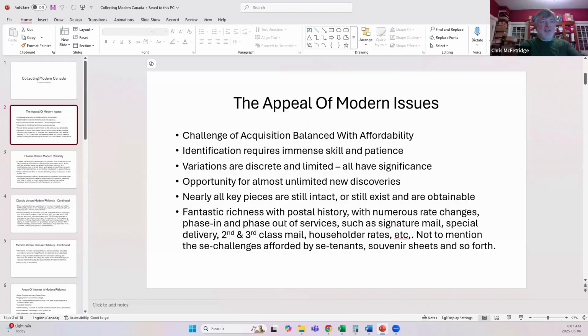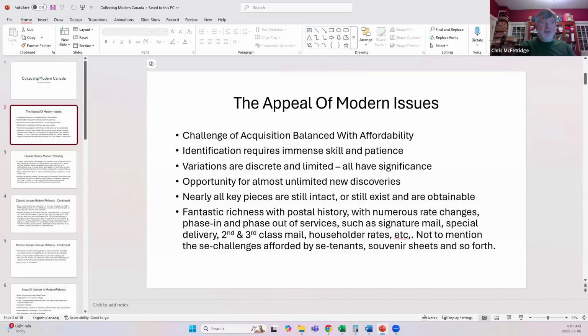The other thing is the invention of setenant printing and setenant issues since about the 1970s has created a lot of scarcity around those issues in terms of genuine postal use, because at least in Canada, most of the setenants don't actually correspond with a specific postage rate.